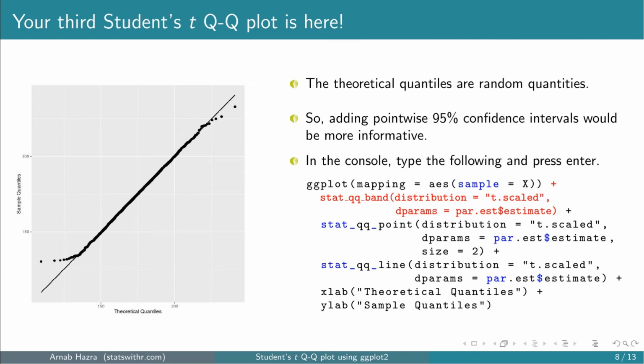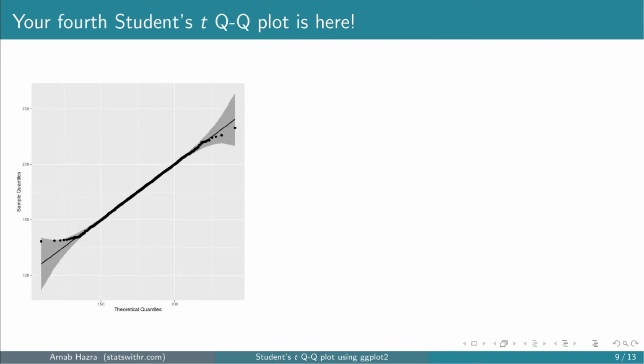Note that here the ordering matters and you should specify the command stat_qq_band before stat_qq_point and stat_qq_line. Now press enter. Okay, you get your fourth student's qqplot using ggplot2. You see that despite some points being far from the reference line, they are within the confidence band.